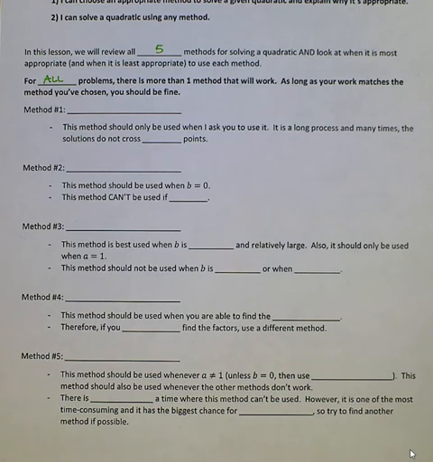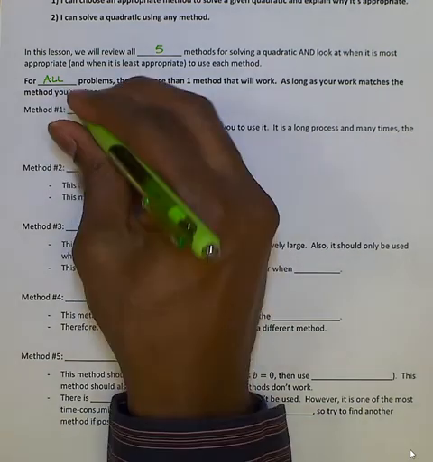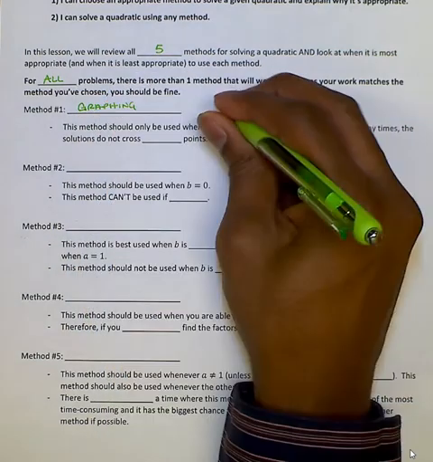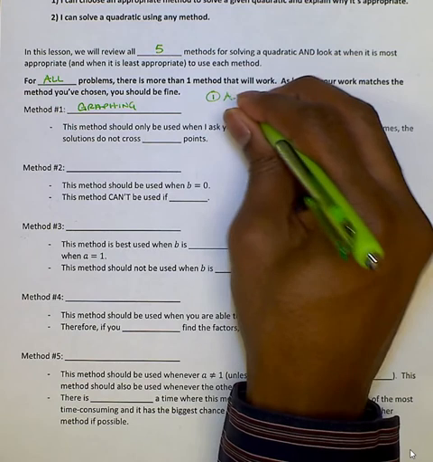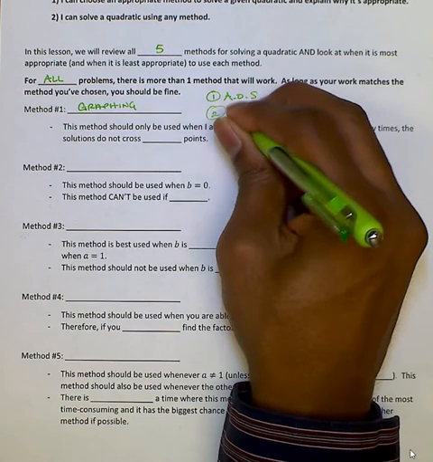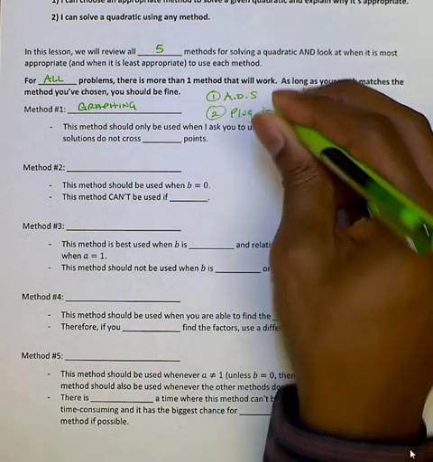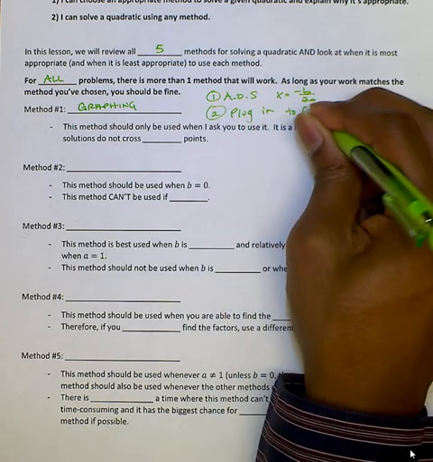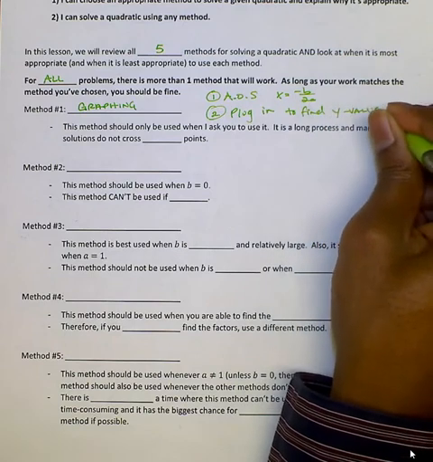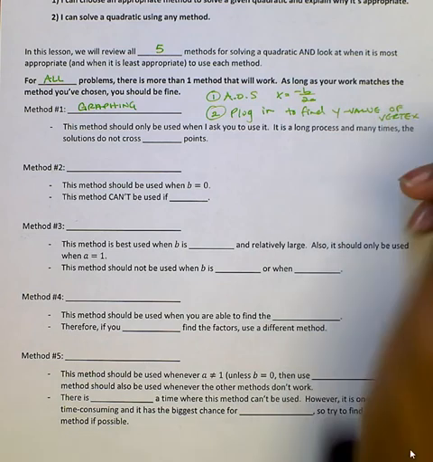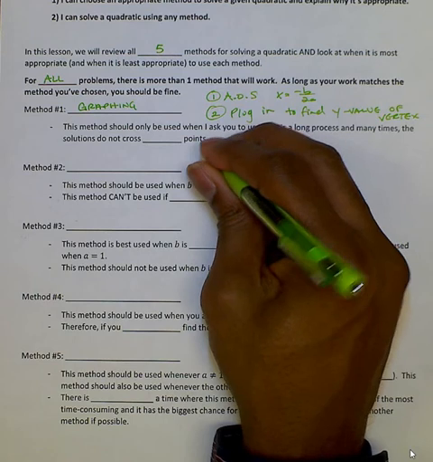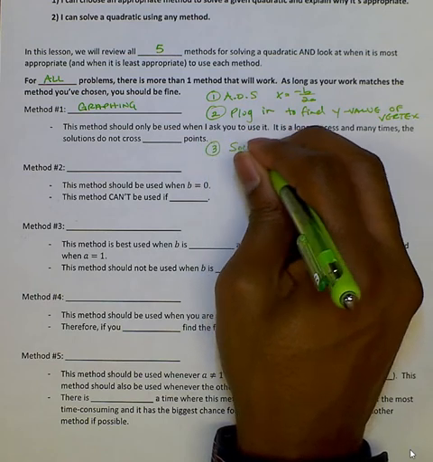So, method 1 is graphing. Remember, we solved by graphing. We found the axis of symmetry, x equals opposite b over 2a. We plugged it in to find the y value of the vertex, made a table, all that good stuff, graphed, and then, skipping steps, our solution was on the x-axis.